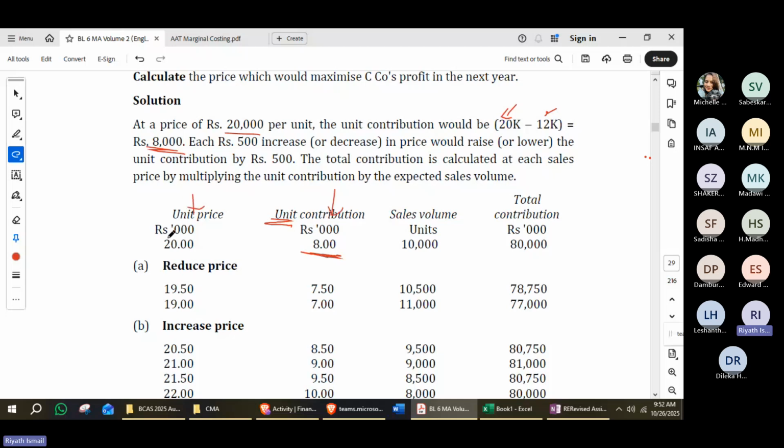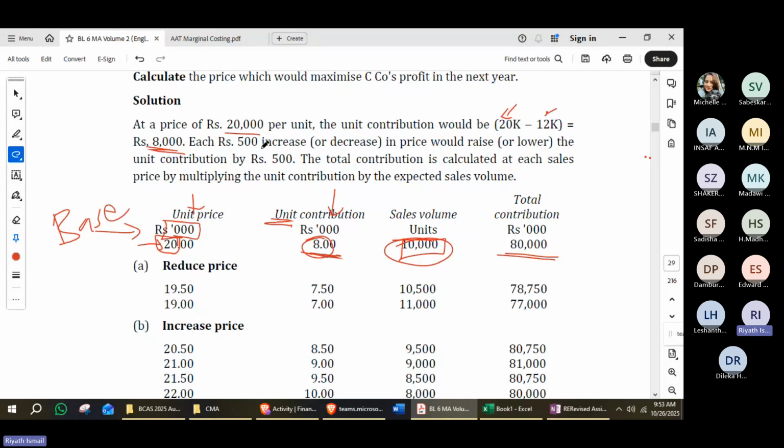The current sales are 10,000 units, so the total contribution is 8,000 times 10,000, which is 80 million. This is the base.